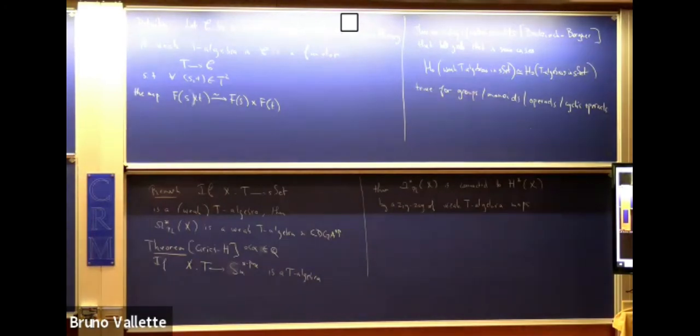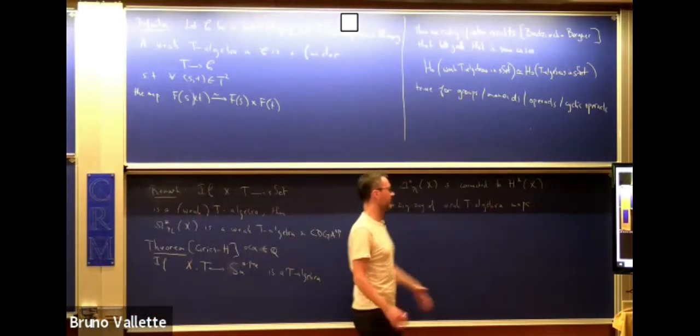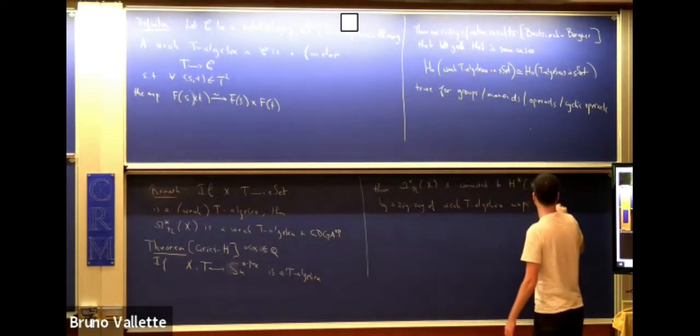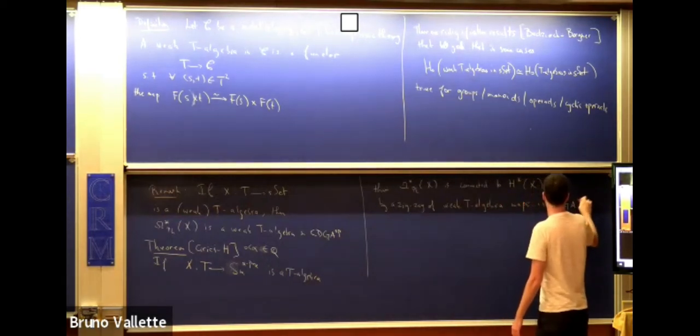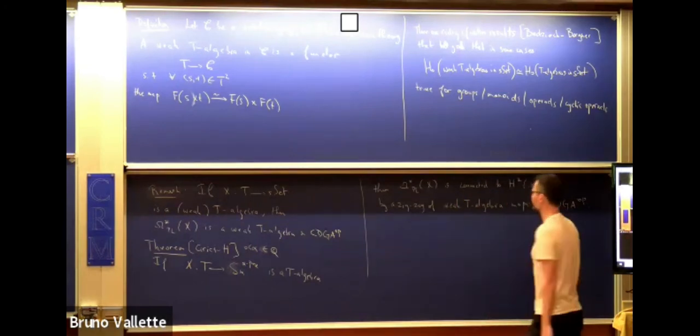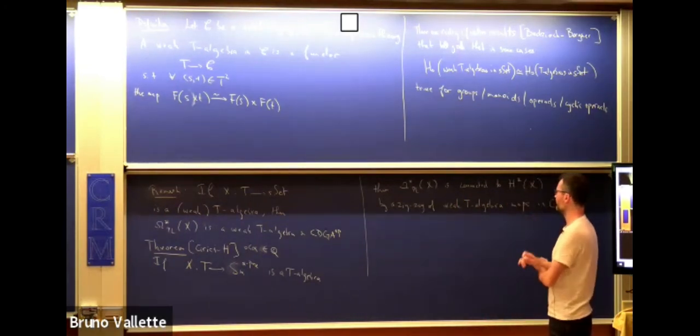So by what I said yesterday, it's true if I remove the words "weak T algebra maps" and just say "by a zigzag of CDGAs".